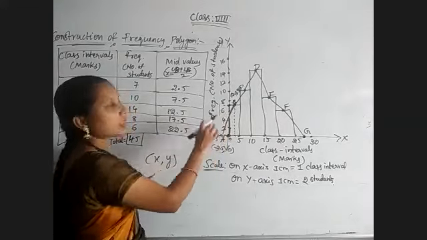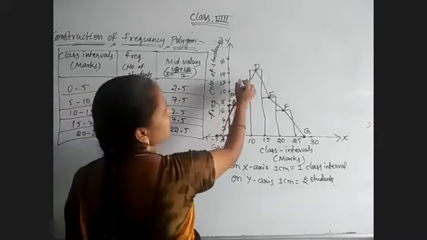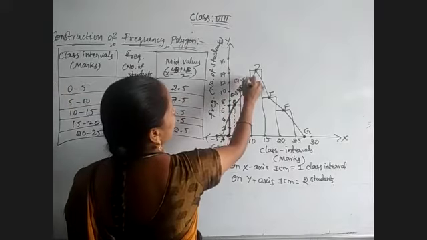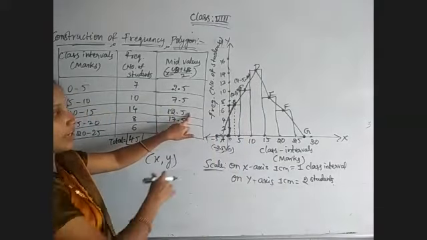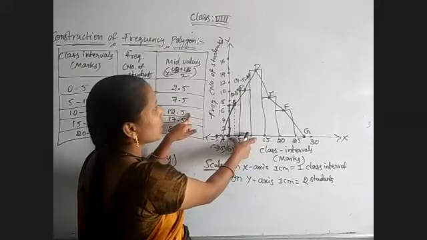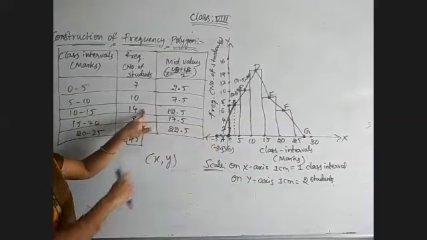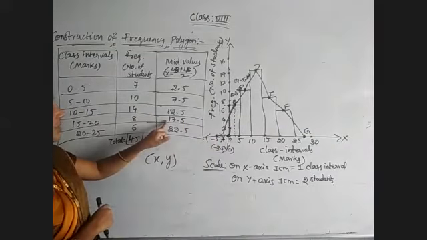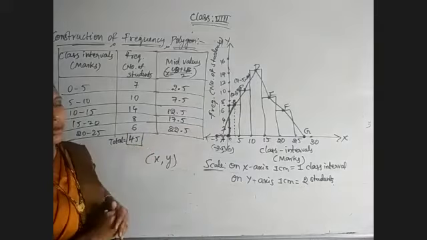Okay, so 7.5 comma 10 is point C, and the distance from y-axis is 12.5 units here. Till this distance is 12.5, and this distance is 14. So 12.5 comma 14 is point D. 17.5 comma 8 is point E. Like that, we will get all the points.